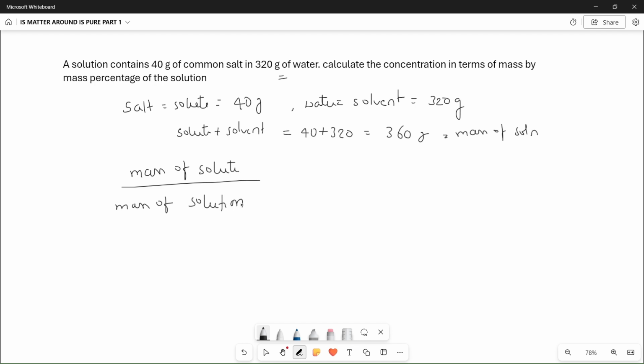We have both values. The mass of solute is 40 grams, divided by the mass of solution, 360, into 100, which will give you 11.1%. In this way you can calculate the mass by mass percentage of the solution.